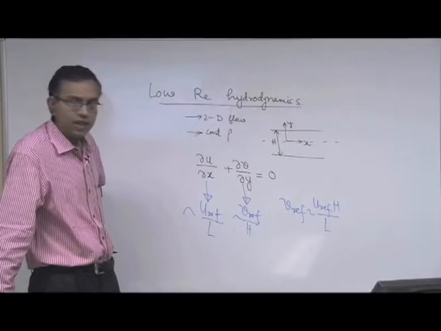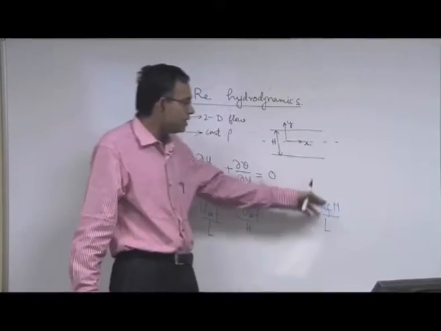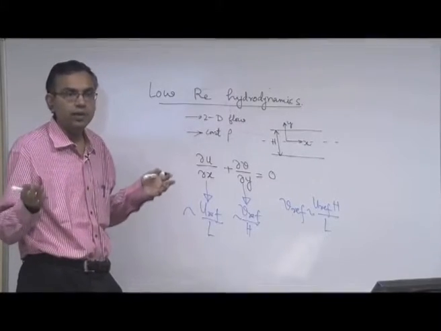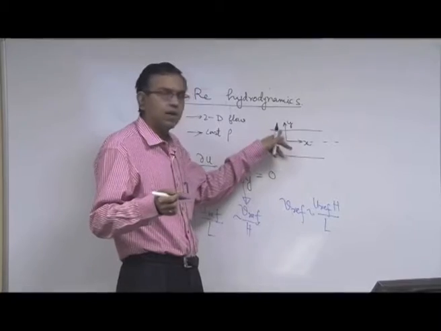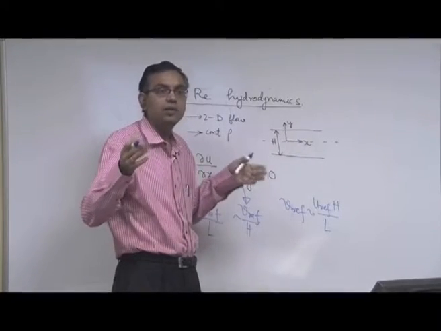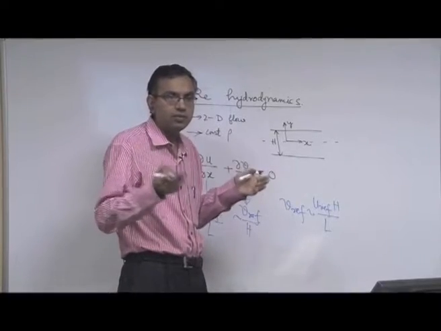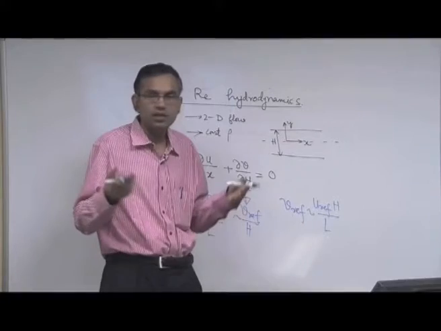So one inference from here is that if H is much less than L, that is very common in many microfluidic experiments, let us say H is of the order of micron and L is of the order of millimeters. And if you see typical microchannels, we will show you in our experiment demonstration how these microchannels look.